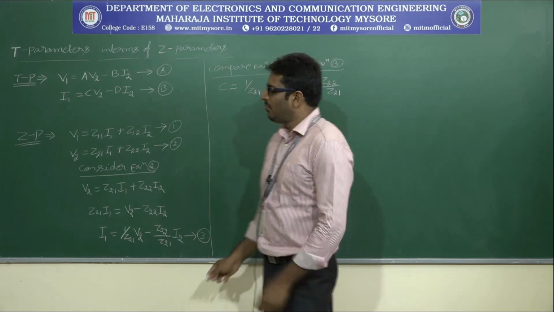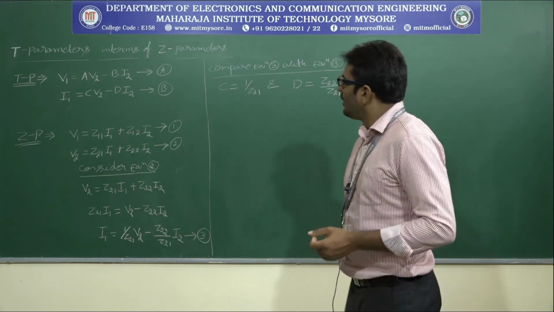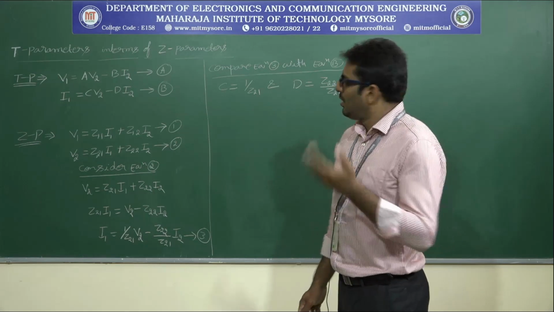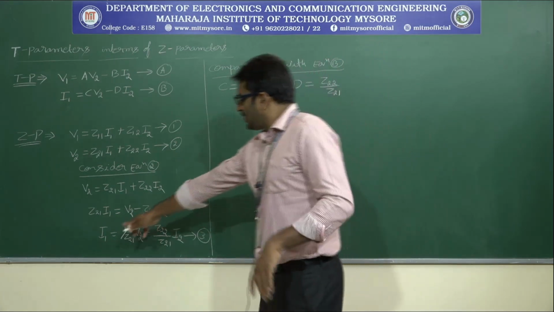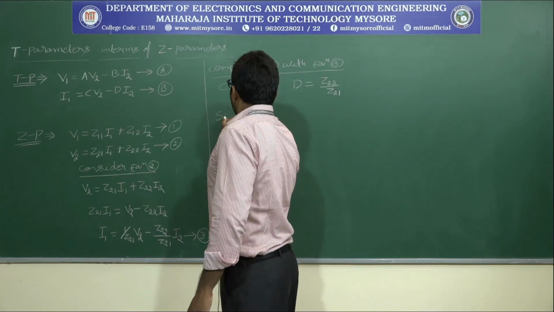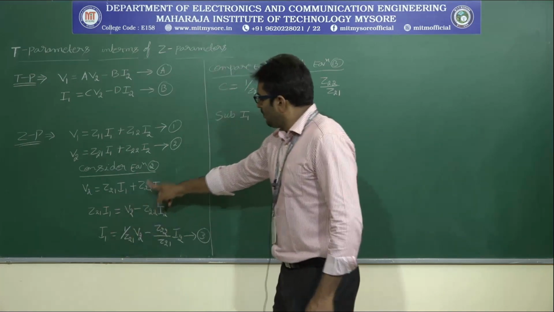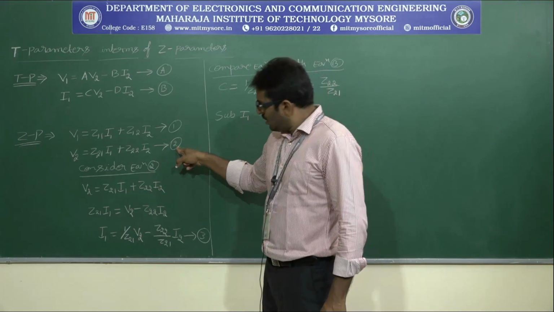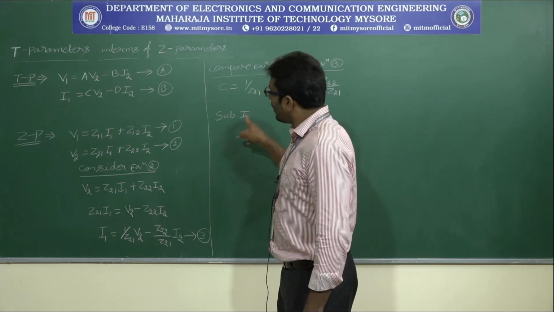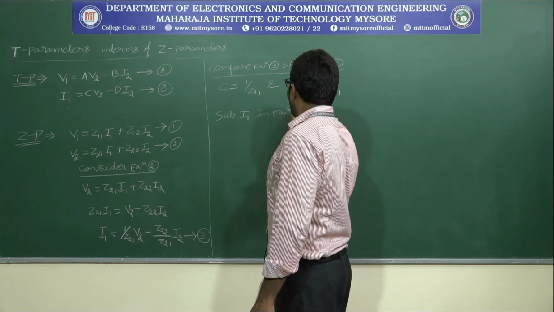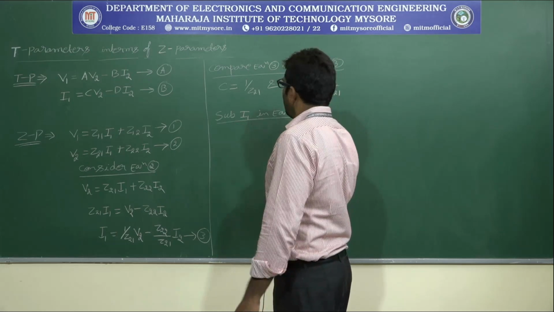Is it clear? So we obtained two interrelationships between the A, B, C, D parameters and the Z parameters. What is the next step? Substitute this I1 in equation 1.